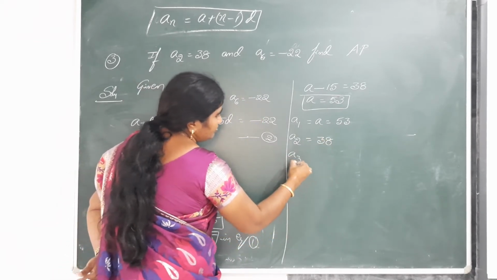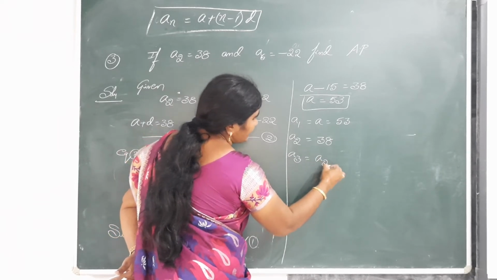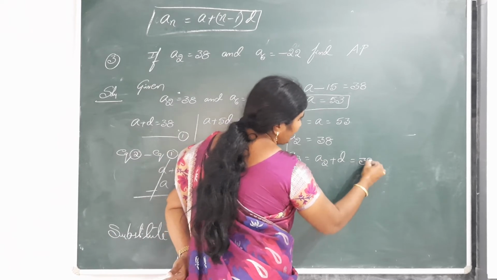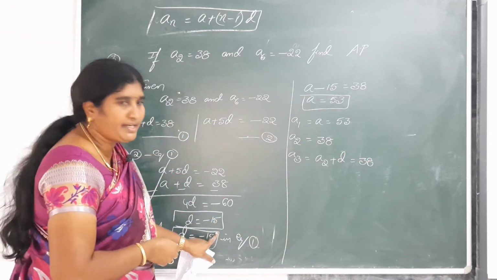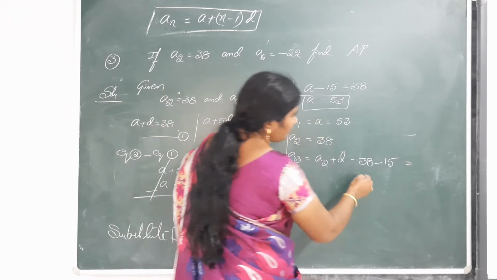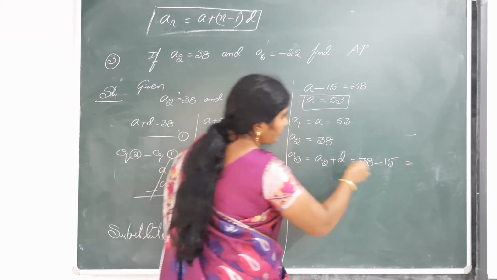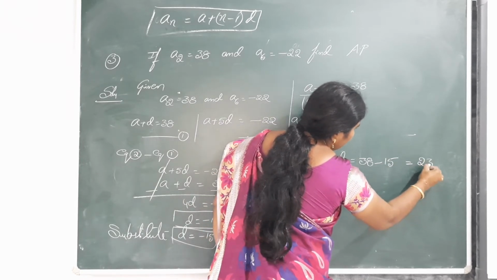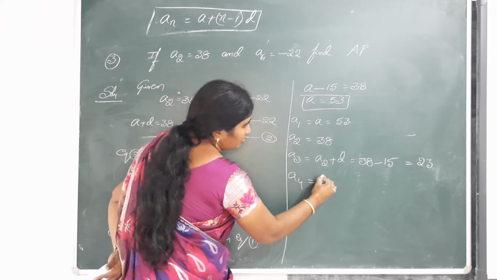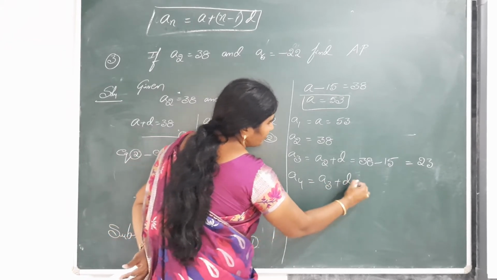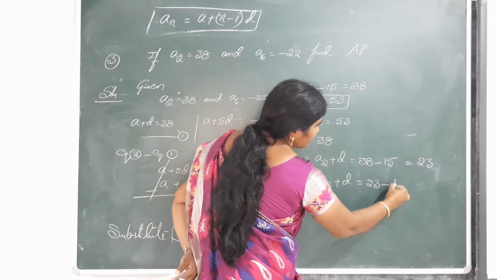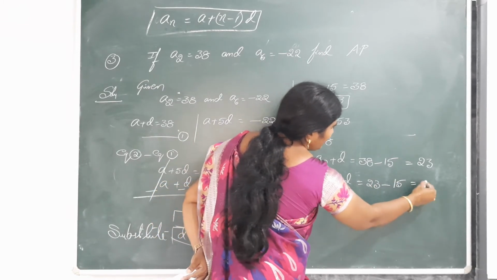Next, third term A3 equals A2 plus D. Here A2 value is 38, plus D. D value is minus 15. 38 minus 15, that equals 38 minus 10, 28, 28 minus 5, 23. Next, A4 equal to A3 plus D. A3 value 23 minus 15 equals 8.